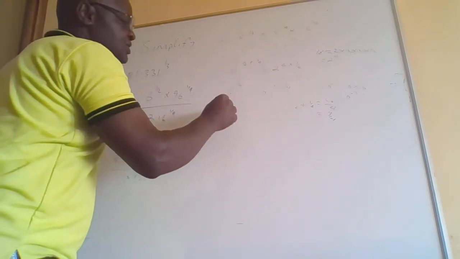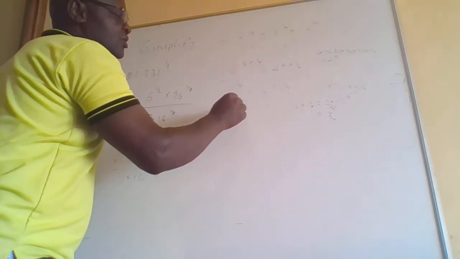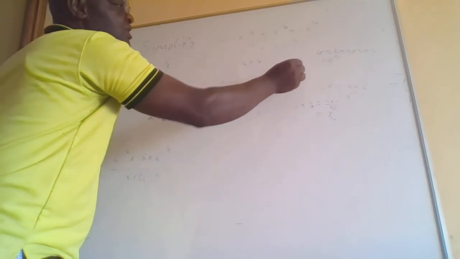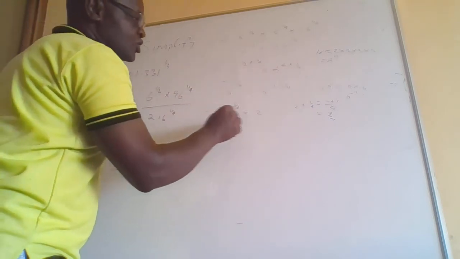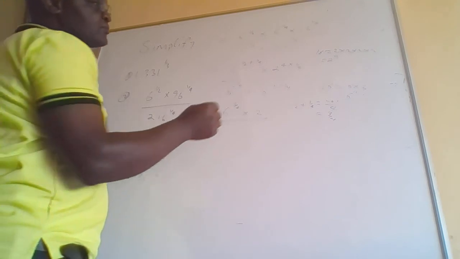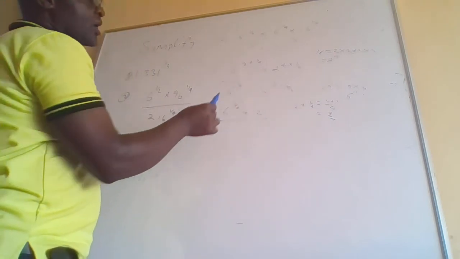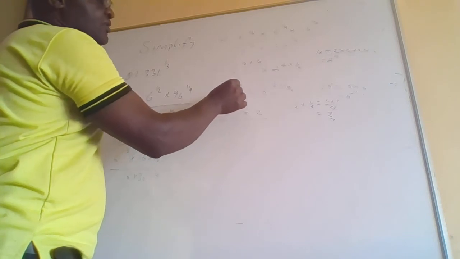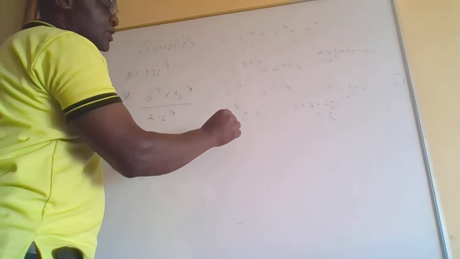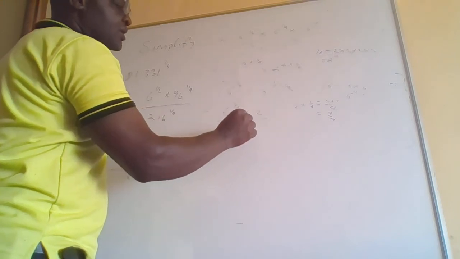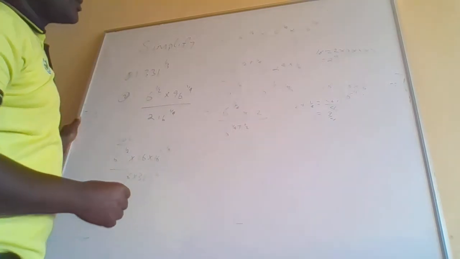So you have 6 raised to 3 all over 4 times 2, because this 4 and that 4 cancel, and here we remain with a half.